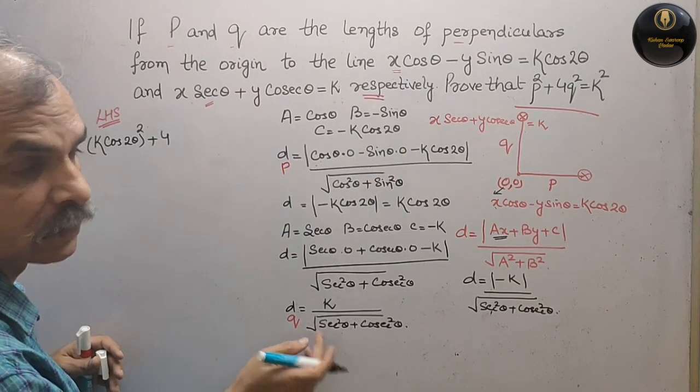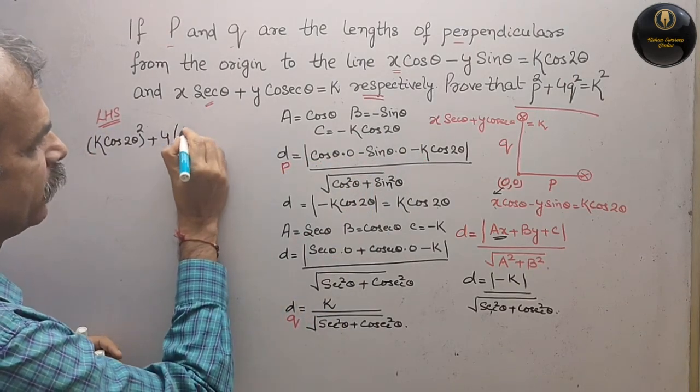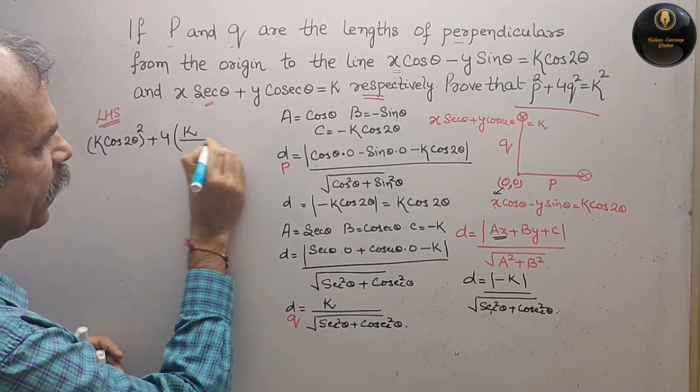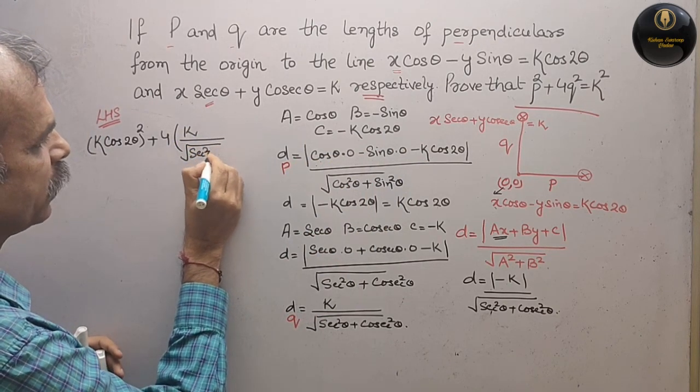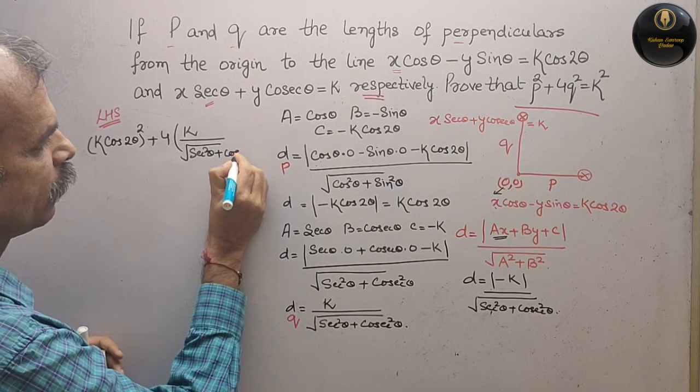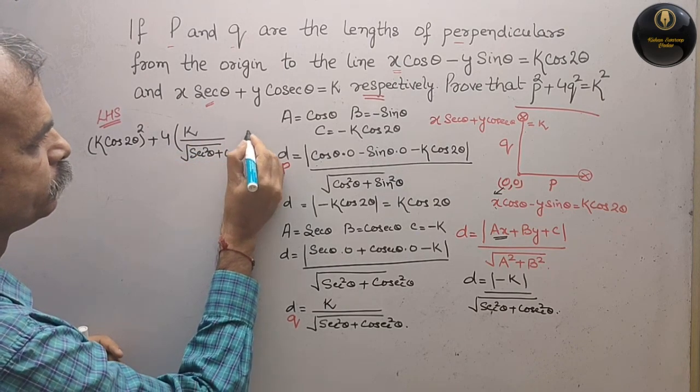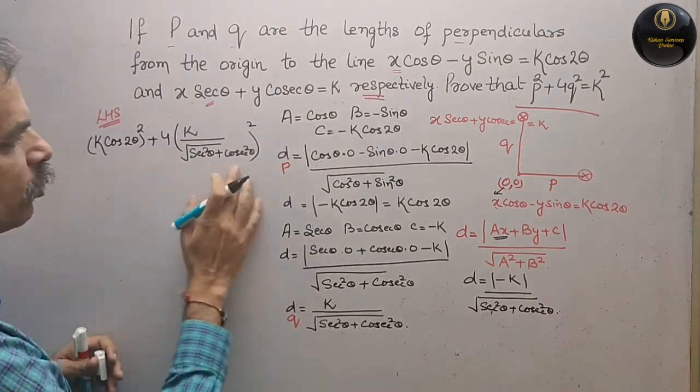Q square is k by root over sec square theta plus cosec square theta whole square. Now solve this.